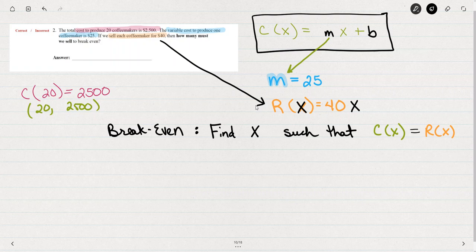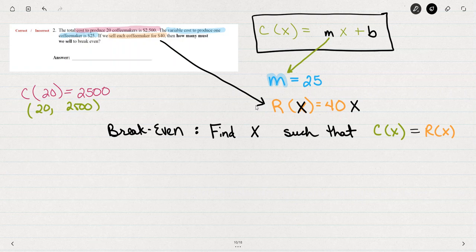And the break-even point, when we are looking for how many we must sell to break even, break-even means find x, so how many do we need to sell, such that the cost of those x items is equivalent to the revenue from the x items.